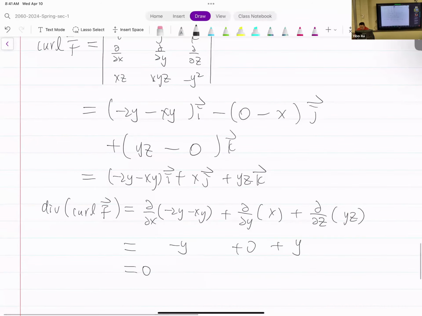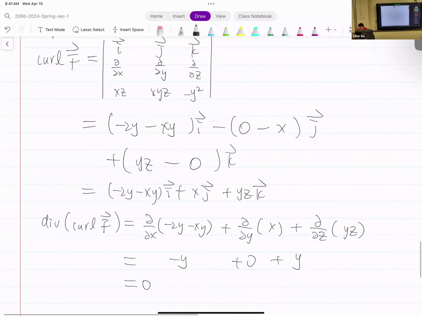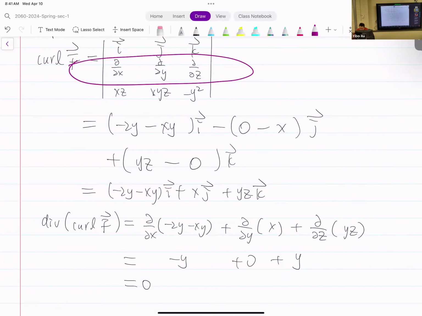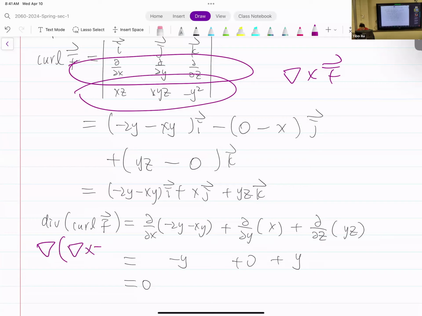So this is a 0, and this is actually not a coincidence. Because if you think about it, what is the curl doing? It says I have nabla, I'm putting it in the cross product with the vector field. So this is nabla crossing F. But now divergence is doing the nabla operation with a dot on the result you got from above.